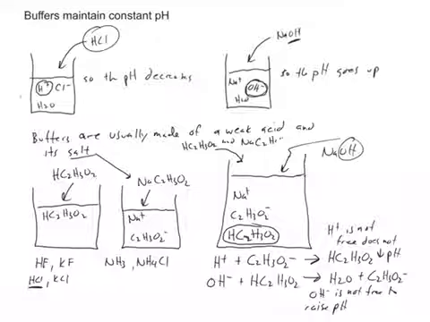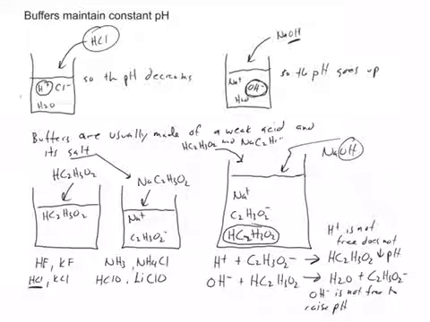Here's another buffer. Here's a weak acid, HClO. That's called hypochlorous acid. And any positive ions, so we could take lithium or sodium or potassium. And there's our salt, lithium hypochlorite.